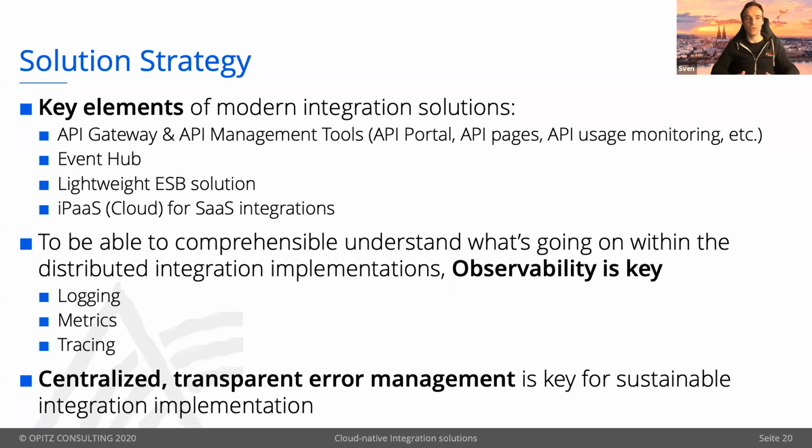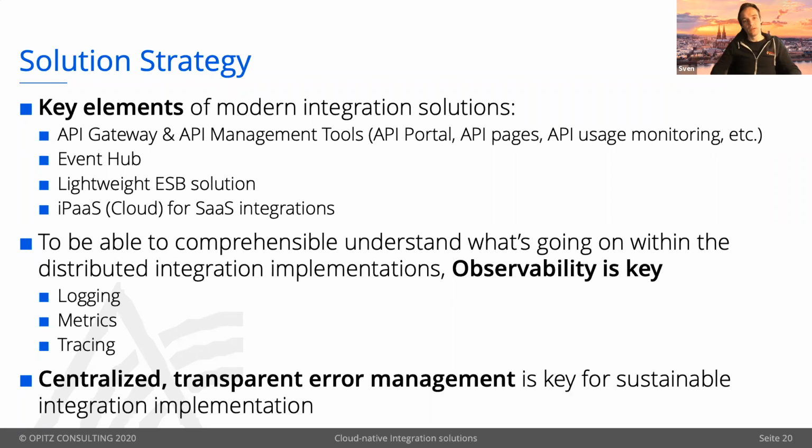So we need a distributed, highly available and high performant event hub solution like Kafka or OCI Streaming. Then we need some sort of lightweight ESB solution. And also, for implementing the cloud-based integration platform, something like an iPaaS platform, so integration platform as a service, which provides a rich set of already predefined SaaS connectors.